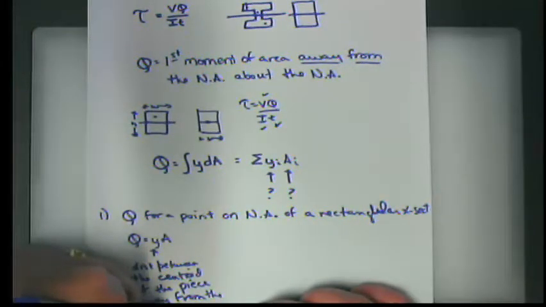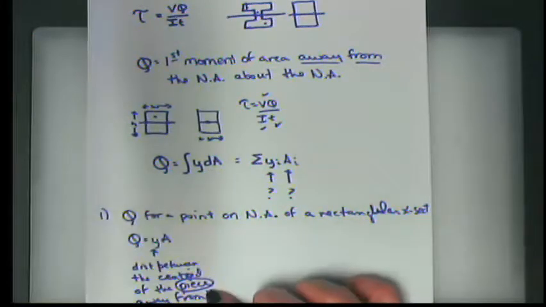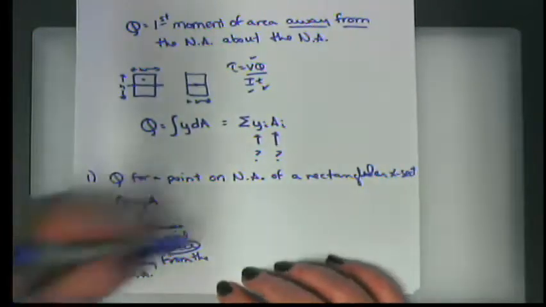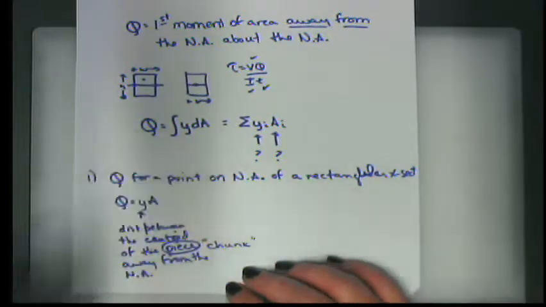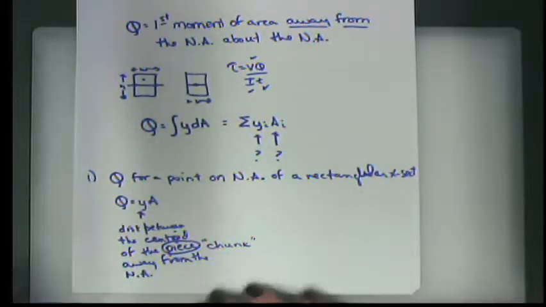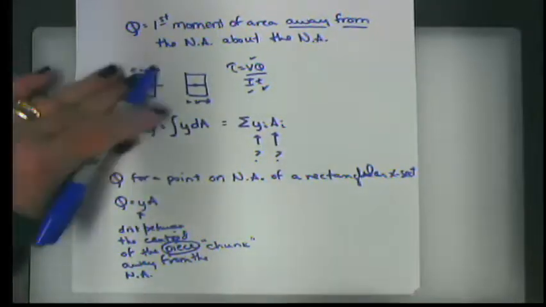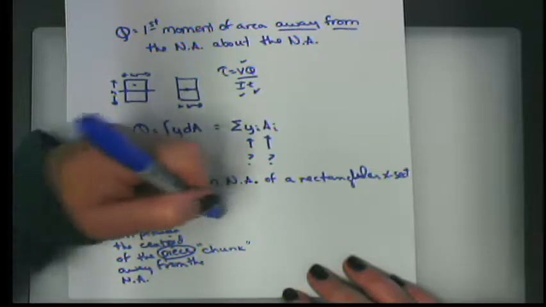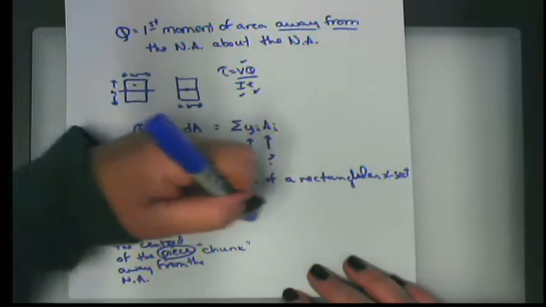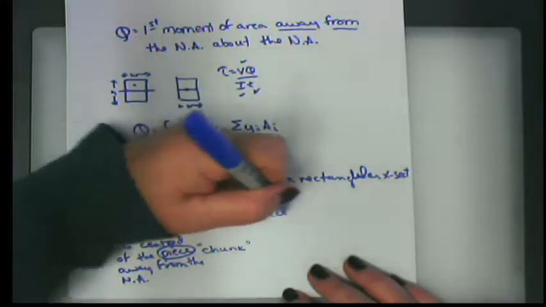And this word piece is where we get into trouble. We could think of it as a piece, or I sometimes refer to it as a chunk. All right? And then A is the area of the piece, or the chunk.